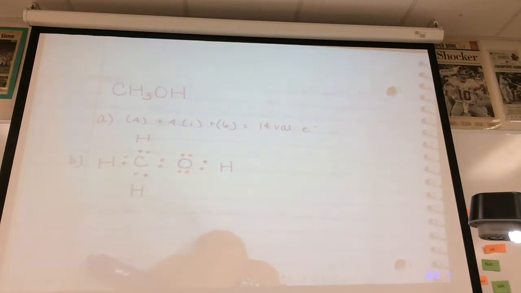That's a good sign. And what's the last thing you do? You're going to change shared pairs, which show as 2 dots, to sticks, which is still a shared pair. But don't forget your lone pairs on oxygen. And you'll see oxygen and sulfur for this year, typically 2 bonds, 2 lone pairs.